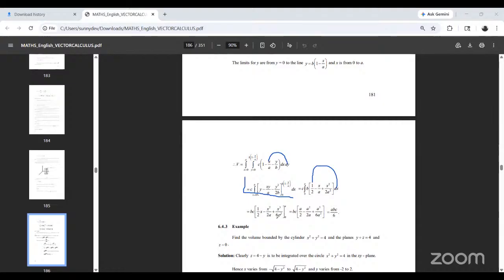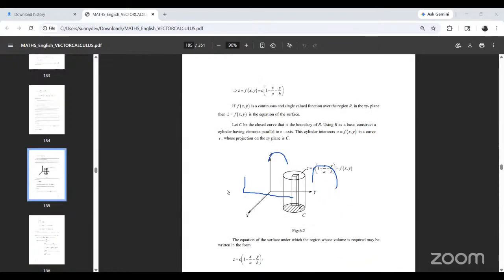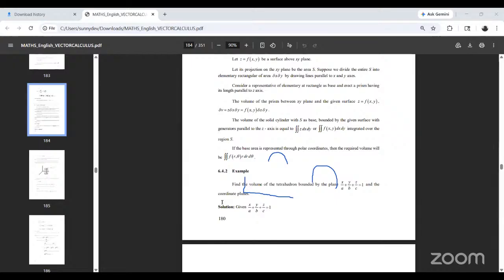So this is a very important problem from the examination point of view. Okay, next.